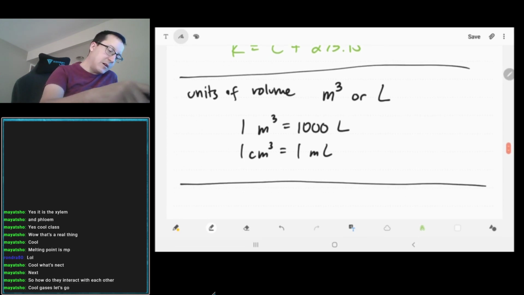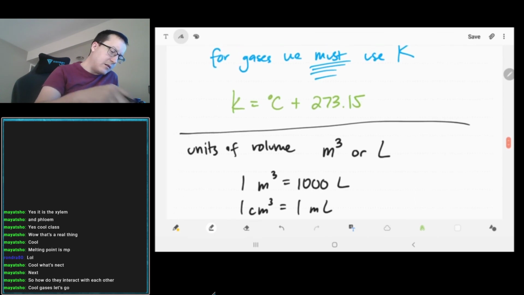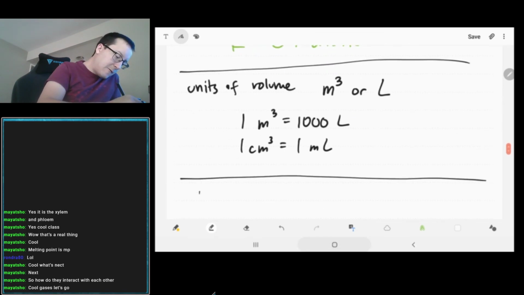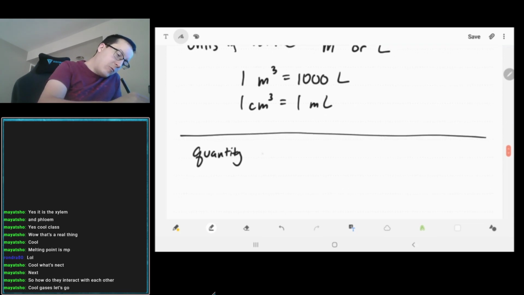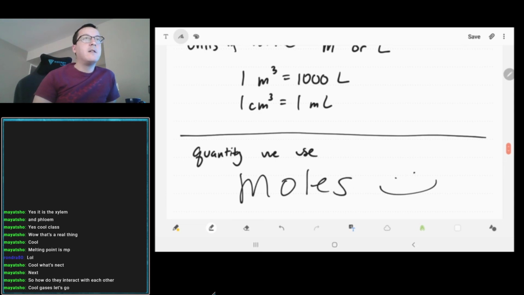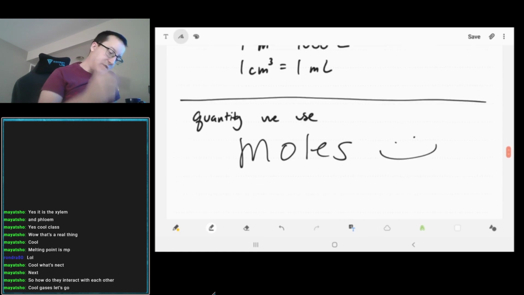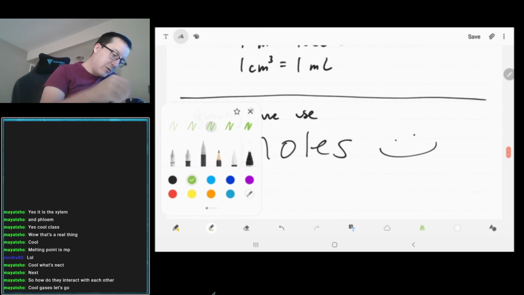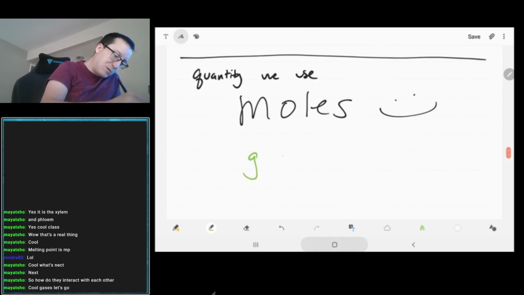Alrighty, and the last one is quantity. We use everybody's favorite unit, the mole. So, right now in our toolkit, we know how to go from grams to moles, right?